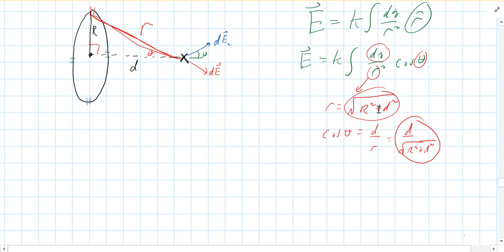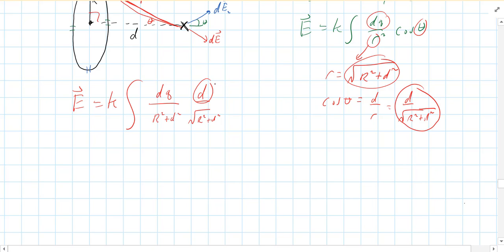And look what we end up having left. You get E equals k, the integral of dq, still haven't done anything with that yet, over R squared plus d squared, times cosine of the angle, which is d over square root of R squared plus d squared.